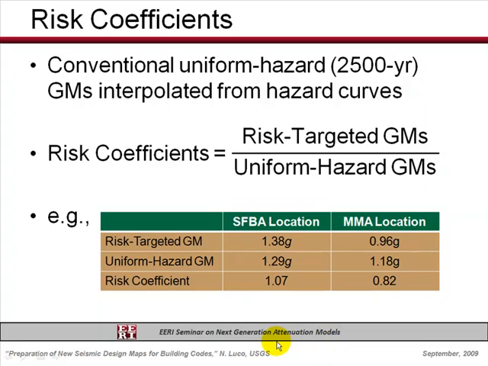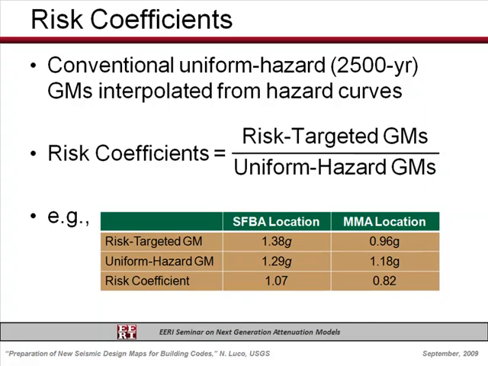So that's saying that compared to uniform hazard ground motions in San Francisco, we had to bump those up a little bit, 7%, not much, to get a risk-targeted ground motion that achieves this 1% in 50-year collapse probability goal. But in Memphis, we could drop down the design ground motion to achieve this risk target.